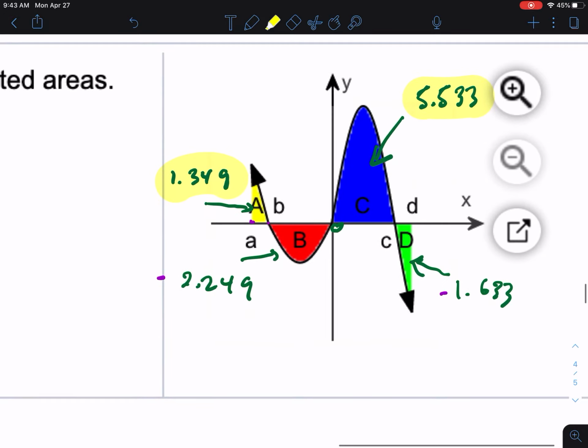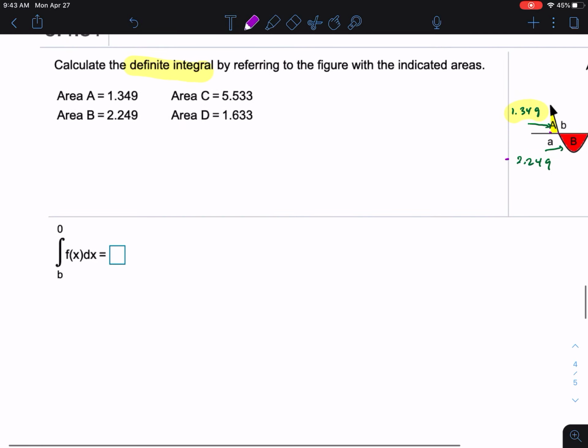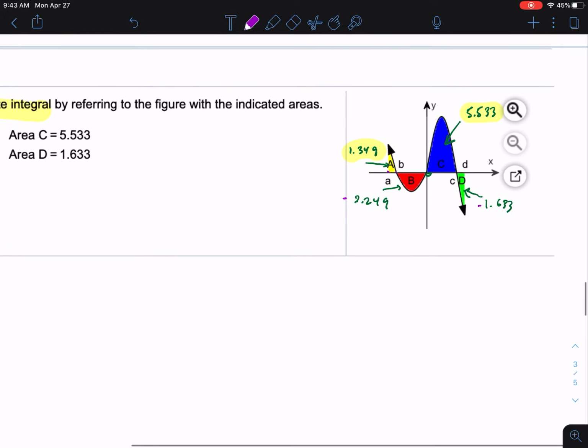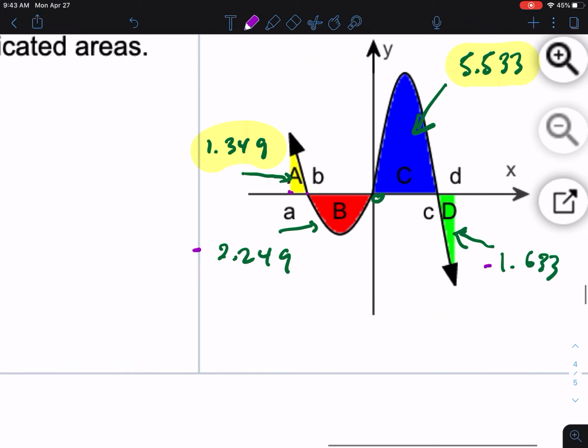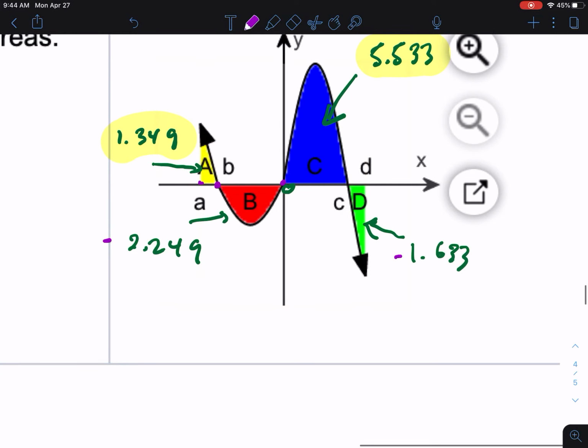Okay, so the question asks, let's call this part a: find the area under the curve from b to 0. So we're looking at the graph of f of x here, from b to 0. What is the area under the curve from b to 0?